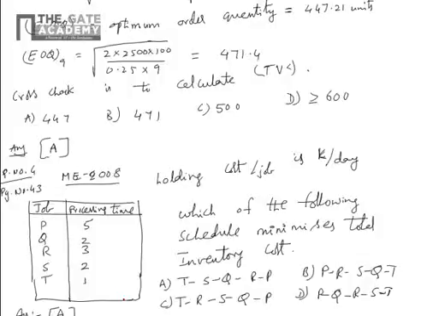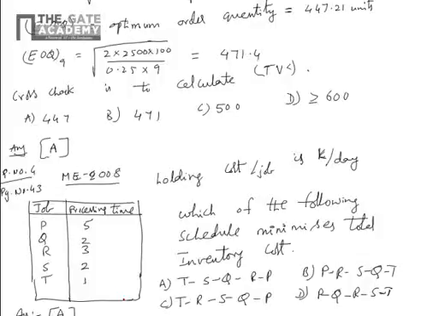So this problem is related to the scheduling and sequencing concepts, as well as inventory. There is no need to use a pen here. If you know the concept, you can get the answer in less than 5 seconds, for 2 marks.